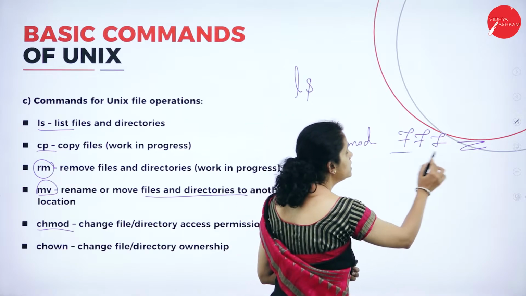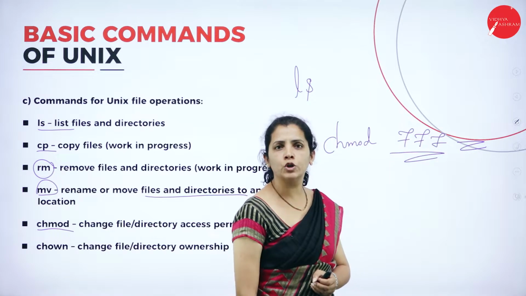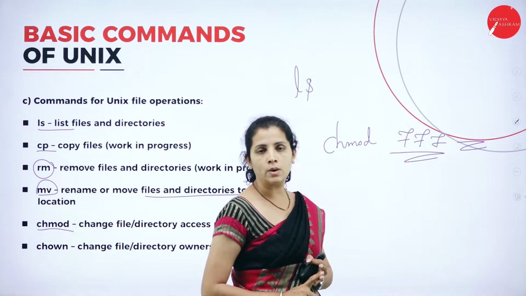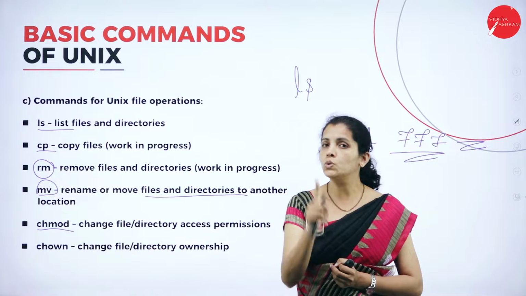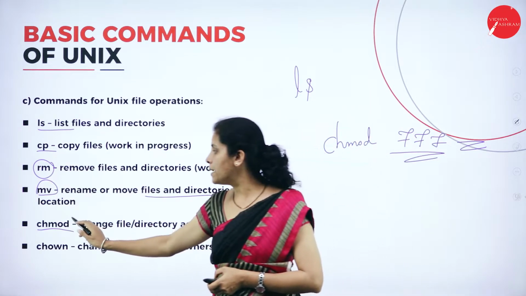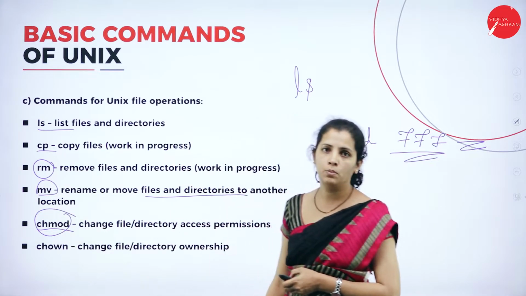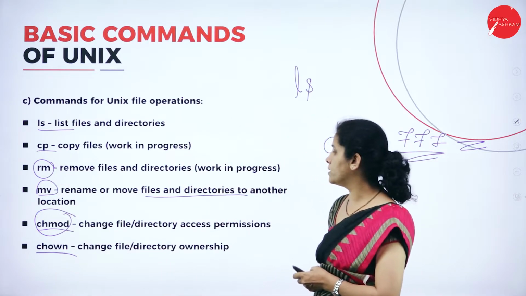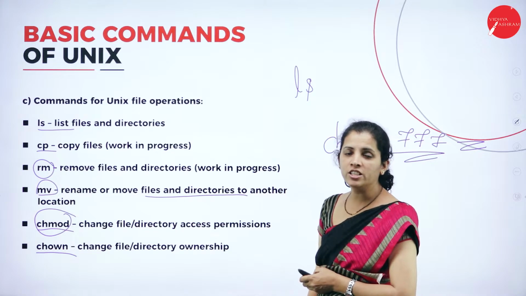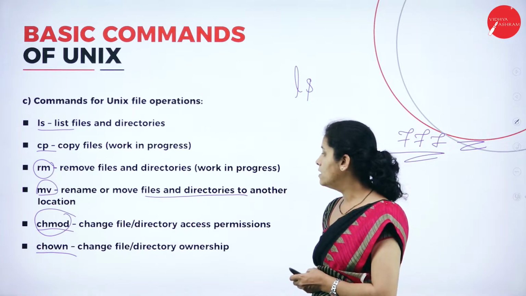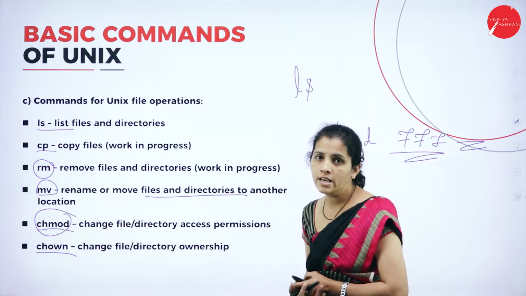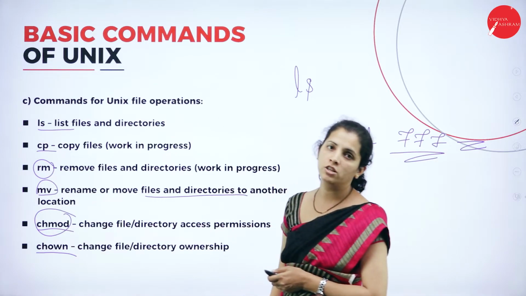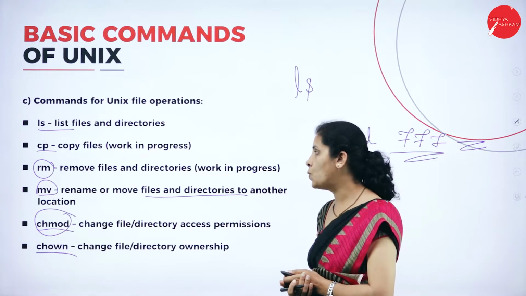So here 777 indicates that I'm going to give all the permissions to user, owner as well as group. So to set the permission, I can use chmod. Now I have chown. To change the ownership of a file or the directory ownership, I can use change owner, that is chown.